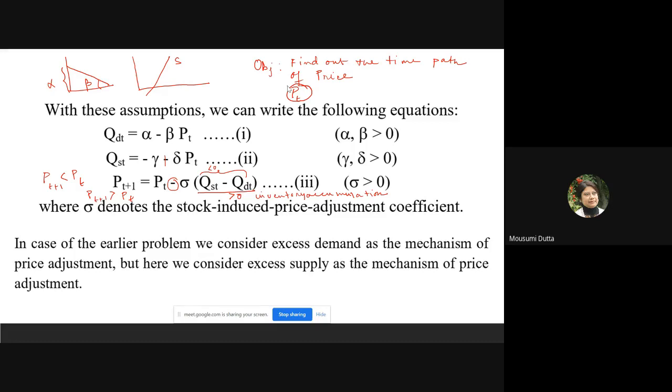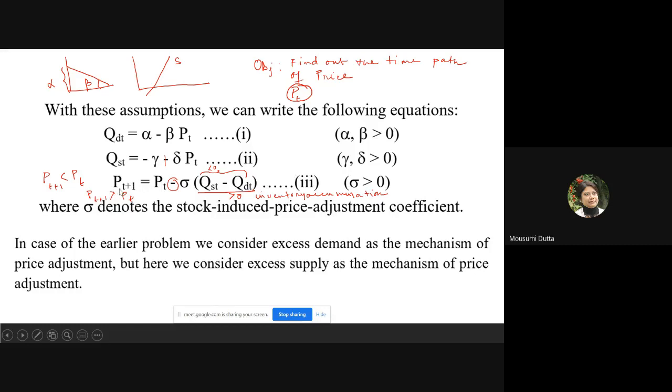Now, to find out the time path of price, we will plug the demand equation and the supply equation in equation number 3. As we do so, we will find some values related to PT plus 1, some value related to PT, because both in the demand and the supply equations we have PT, and there will be some constant term.